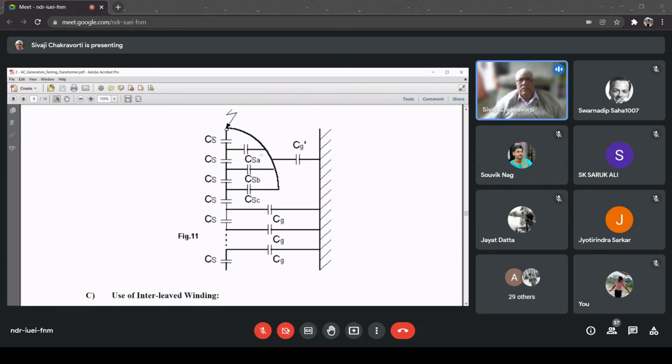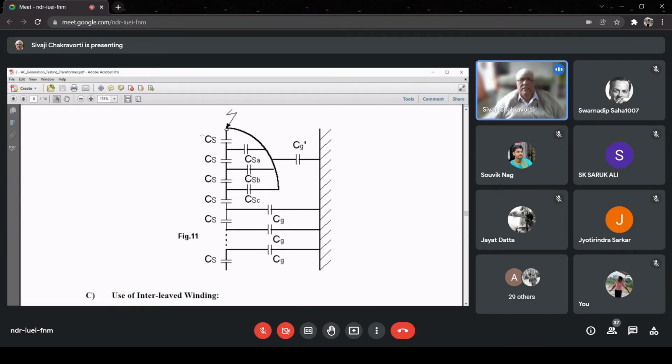So with respect to this shield, which is at the live terminal potential, and the junction terminal, there is a potential difference. And we also have the insulation in between. So a capacitance will arise. But this is not a shunt capacitance. This is in fact in parallel with CS. So this is contributing to CS because they are in parallel. So this CS value increases.